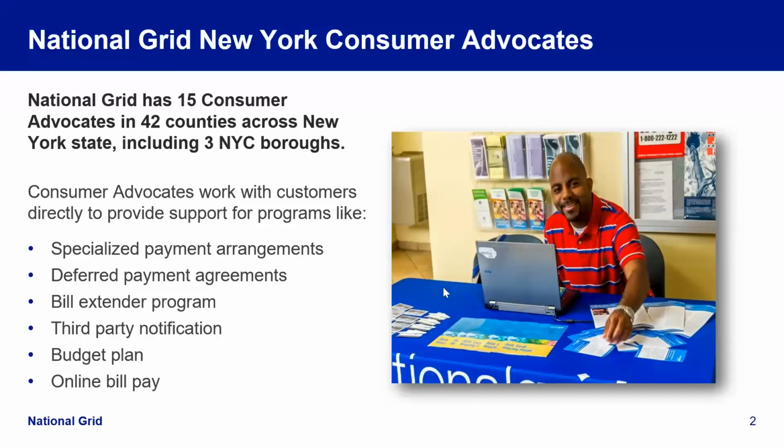What consumer advocates are able to do is have a little more discretion as far as what payment agreements and options we can offer, rather than when they just speak to customer service representatives. A large bulk of what we do is helping people get into payment agreements and referring them to other agencies and services in our areas.